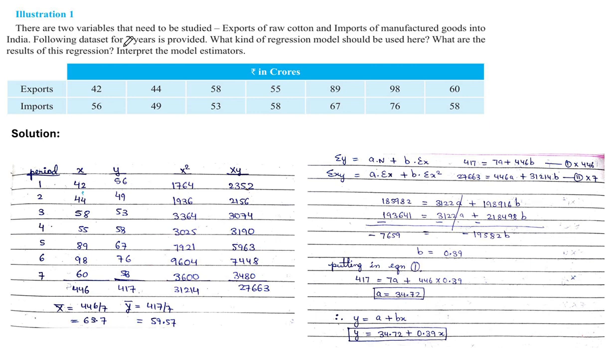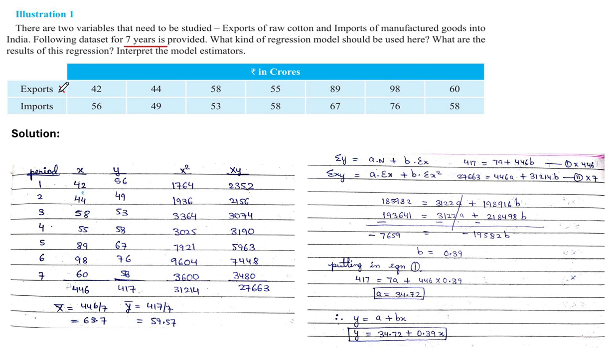The following data set for 7 years is provided. What kind of regression model should be used here? What are the results of this regression? Interpret the model estimators. So basically, we need to find the relationship between x and y.